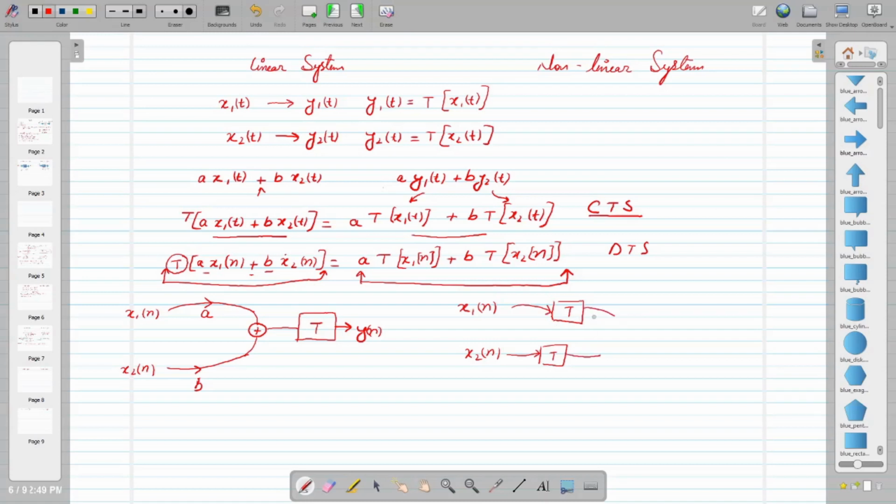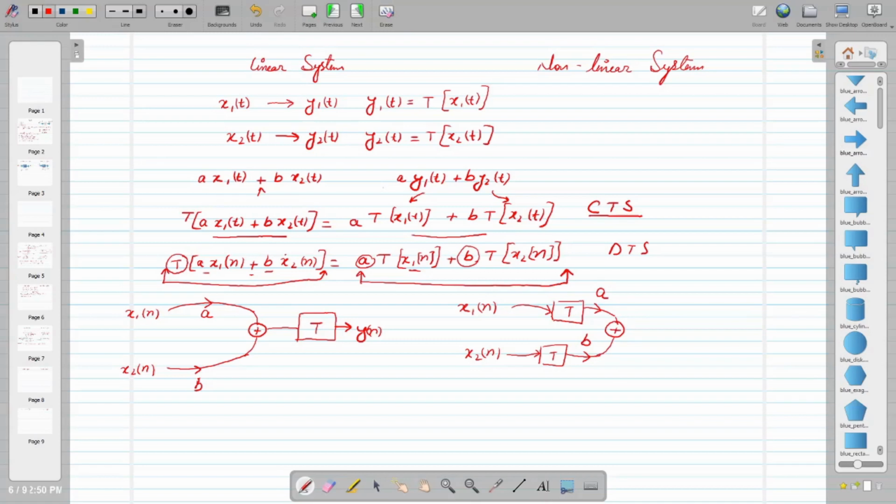After that we have two constant terms: a corresponding to x1, and b corresponding to x2. And after that we add them.